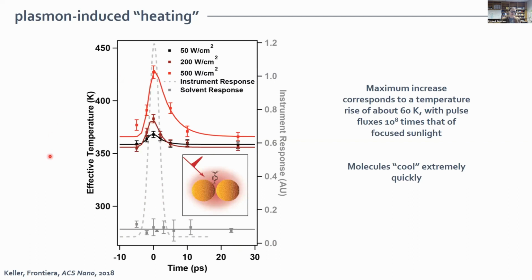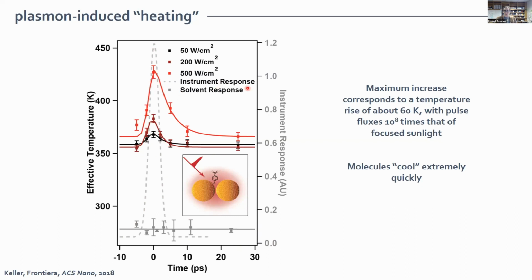Okay, and we convert this to a temperature just to have a common unit to discuss it. And one thing that's interesting that you can see is that around time zero, there's an increase in the molecular temperature, and then it decays relatively quickly. And if you change the pump power, you can see that we are in the linear regime.